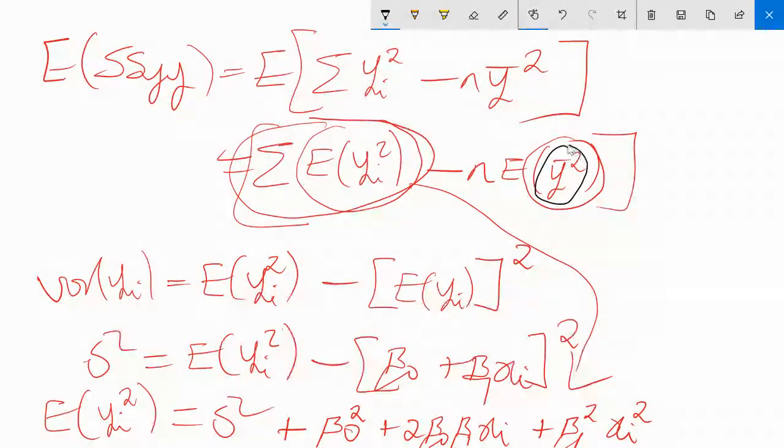So I'm going to erase, and then we find this. We come back and plug in. And remember, we're still going to plug in to the first one there. So don't mix these things. Now I'm erasing this, I'm erasing that. Now I want the expected value of y bar squared.